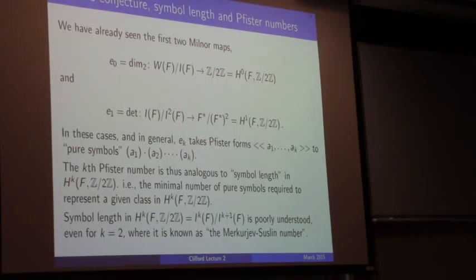And the question is, how many cyclic algebras do we need to take? So the cyclic algebras correspond to these symbols (a)(b), just the two of them, because we are in H2. And even there, this number is completely unknown.